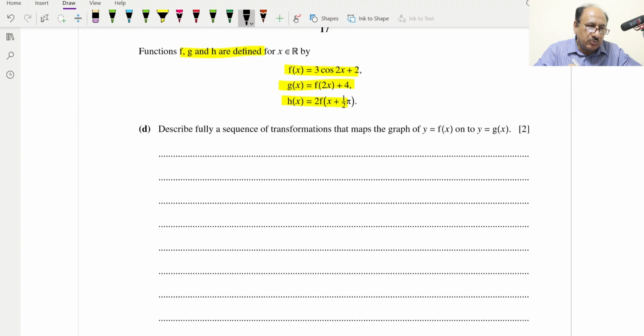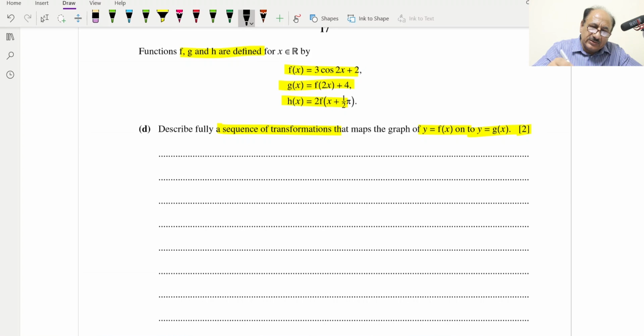Describe fully the sequence of transformation. We have to describe fully the sequence of transformation that maps the graph y is equal to f of x onto y is equal to g of x basically. So y is equal to f of x and y is equal to g of x.